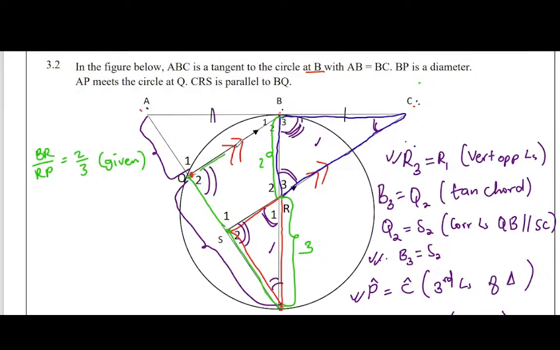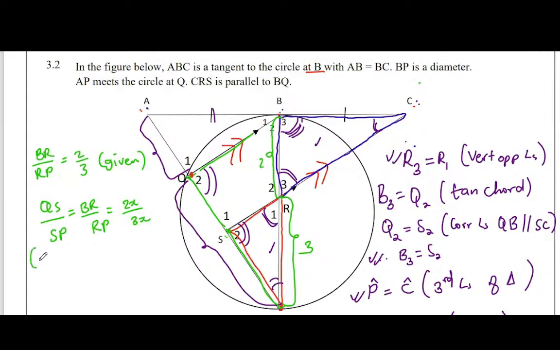What if we compare QS from here and then SP also? If I decide to focus on the triangle QBP, so that is going to be QS divided by my SP. QS divided by SP is the same as BR divided by my RP. But since I don't know the measurements, I can just use the letter X probably. So that will be like 2X over 3X.